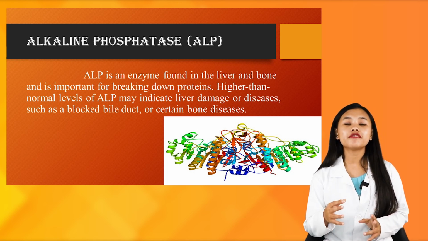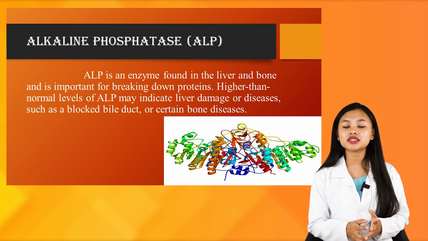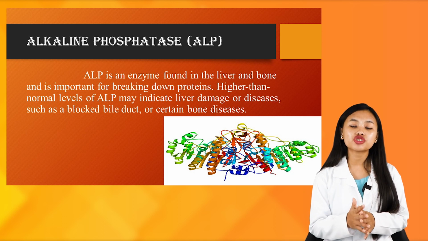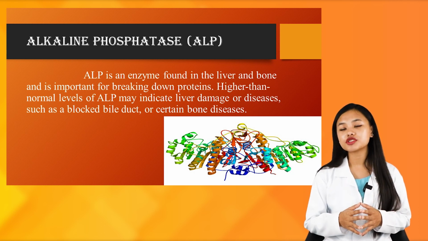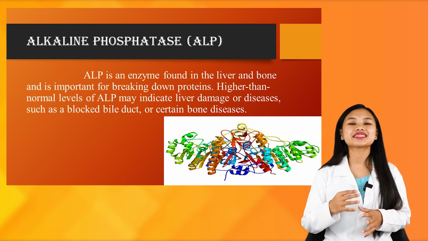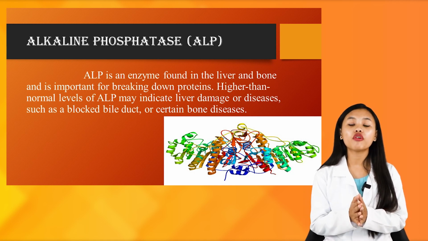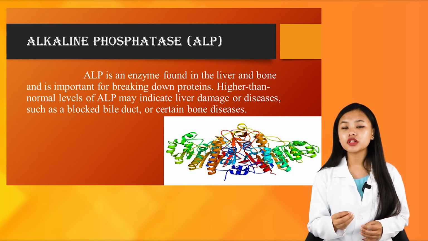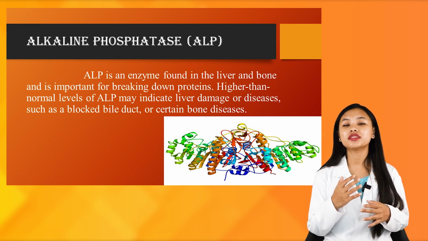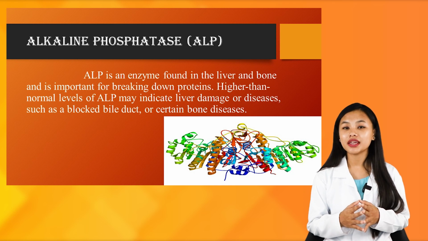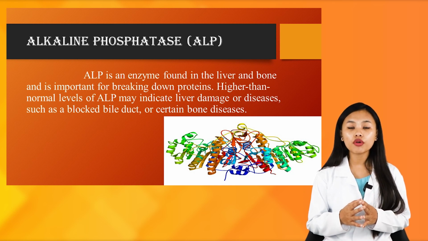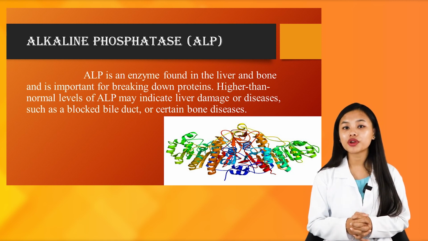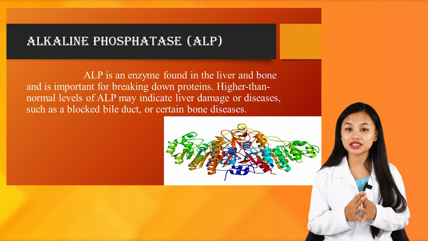So here, if the level of this enzyme is higher than the normal, then it can indicate liver damage or disease, or even diseases such as a blocked bile duct or even certain bone diseases.